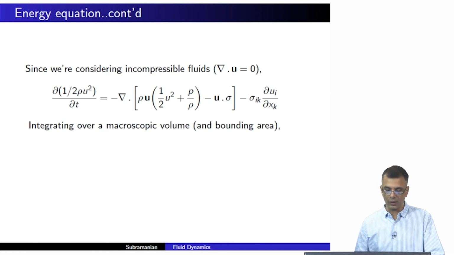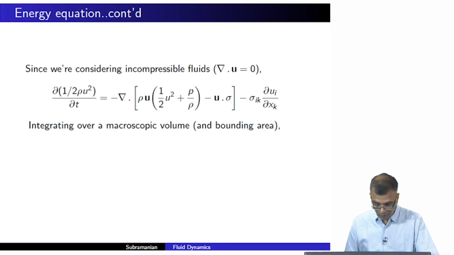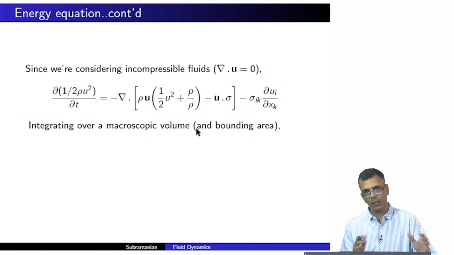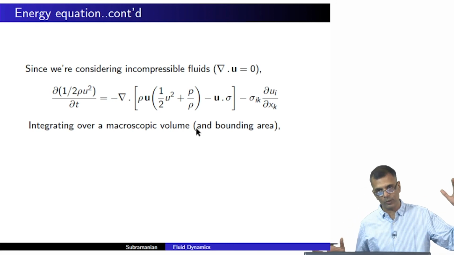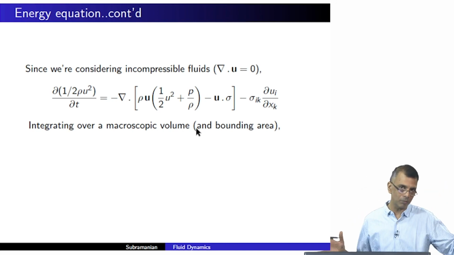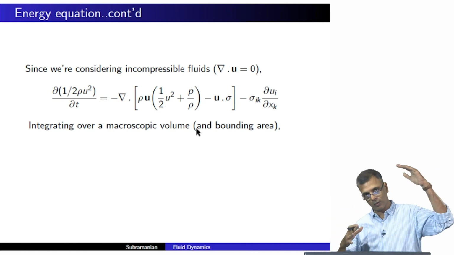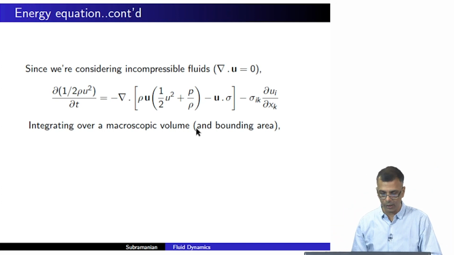Now we're going to do something interesting and very important: we integrate over a macroscopic volume and bounding area. What I mean is that we integrate over the entire body of the fluid. The fluid is essentially unbounded, so the bounding area is taken all the way out to infinity, and I'm going to be using Gauss's divergence theorem here.